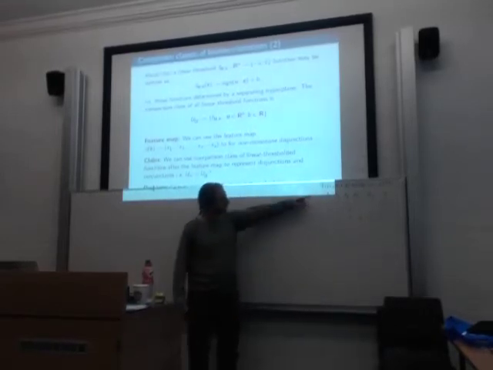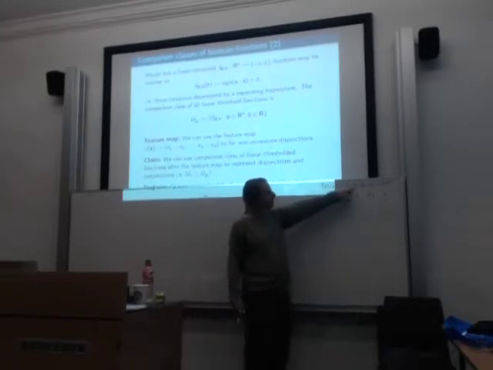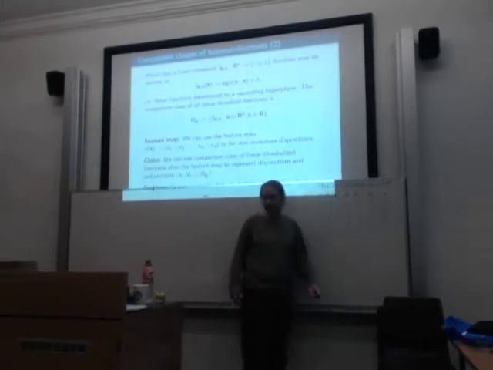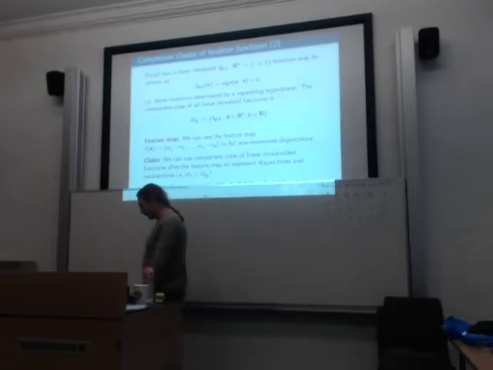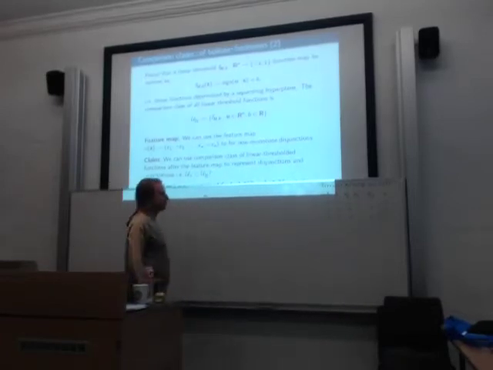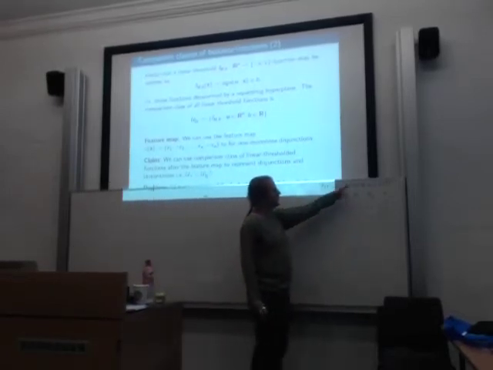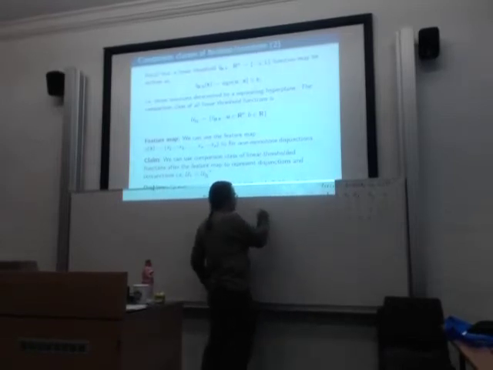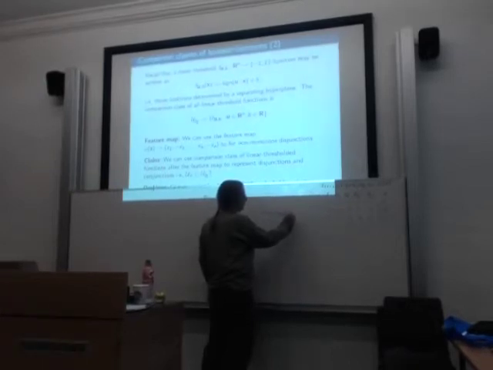So where my disjunction is x1, x2, or x3, how can I represent this, which I've represented logically as a disjunction, as a function of the form sign of u dot x plus b?